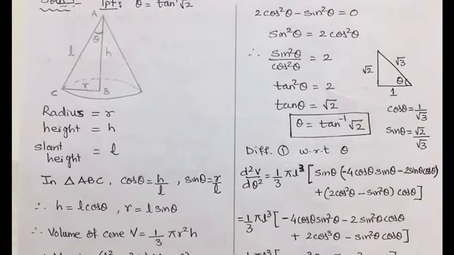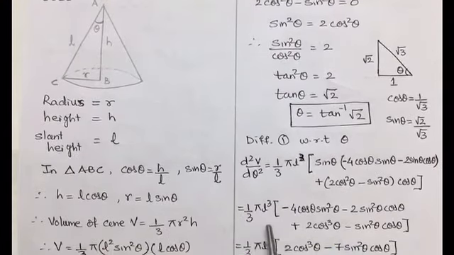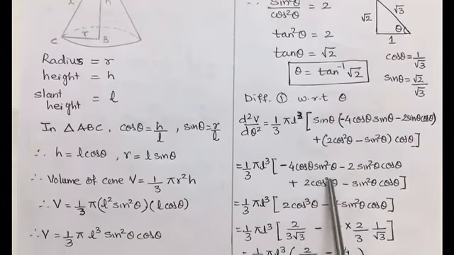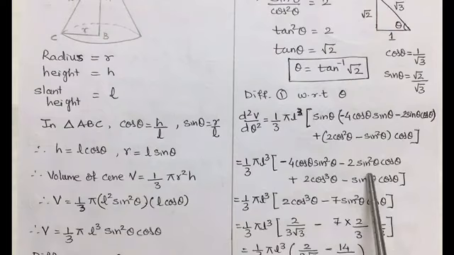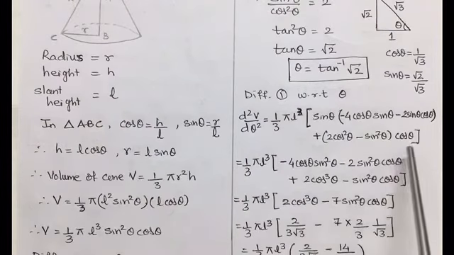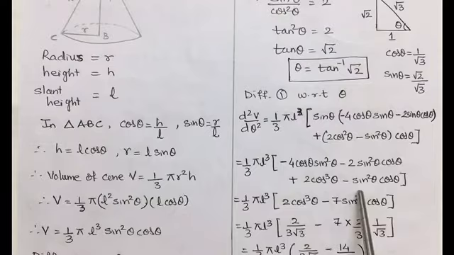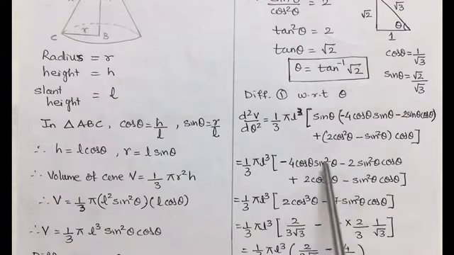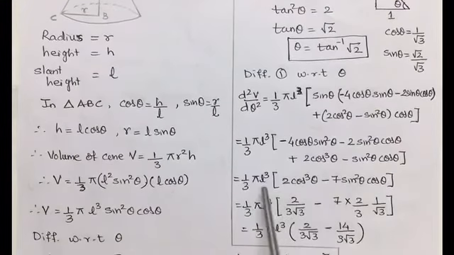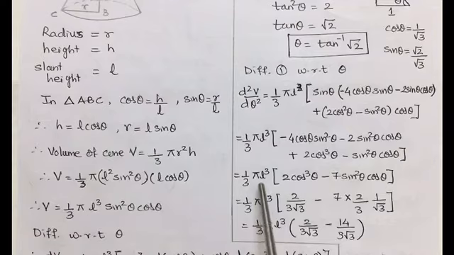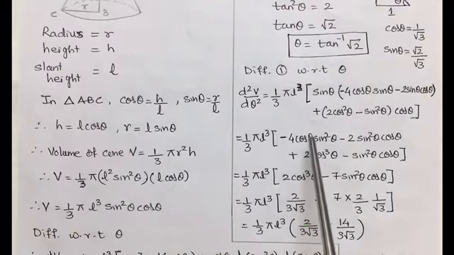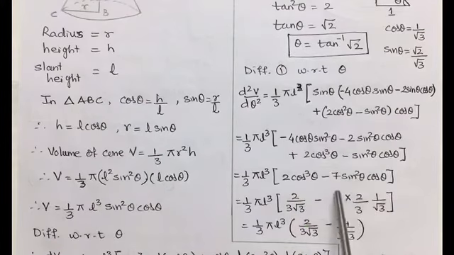Expanding the bracket, we get 1 by 3 pi l cube, minus 4 cos theta sin square theta minus 2 sin square theta cos theta plus 2 cos cube theta minus sin square theta cos theta. Further simplifying it, we get 1 by 3 pi l cube, 2 cos cube theta as it is, and adding all the like terms, we get minus 7 sin square theta cos theta.